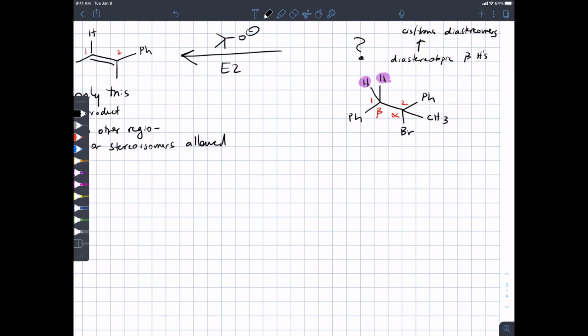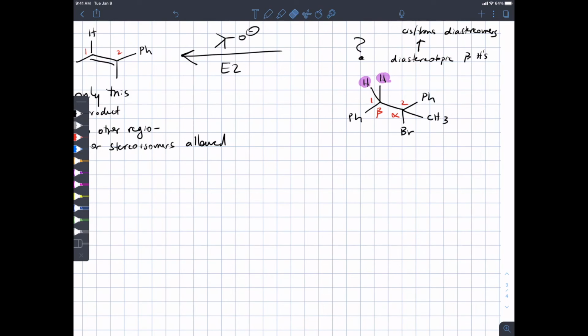Any other reasons why this is a bad idea? Okay, let me ask a leading question. Are the protons in purple the only kind of beta protons in this molecule? Where are the others?